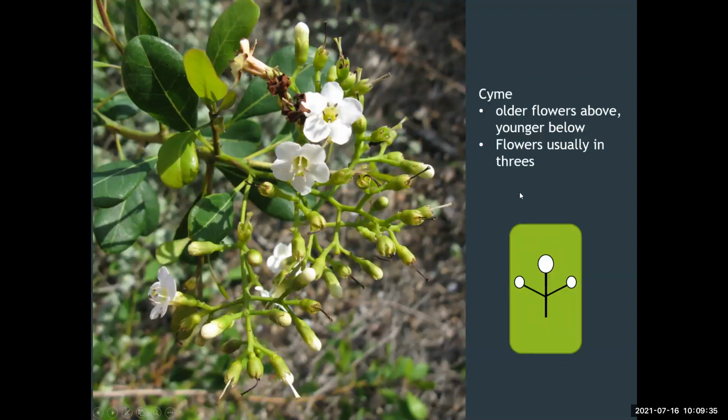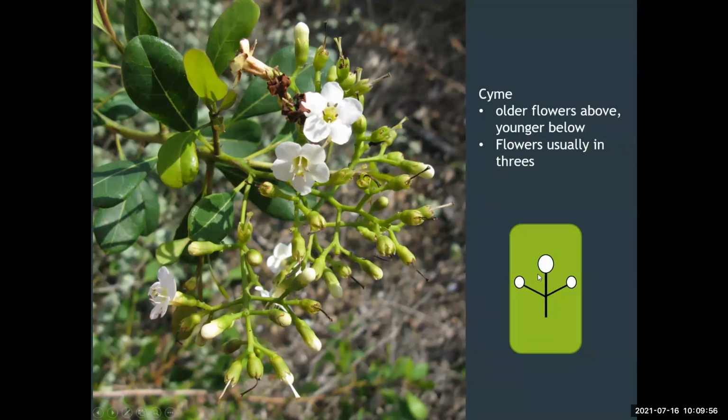But you can also have a situation called a cyme, where the branch grows, it terminates in a flower, an older flower, and then it produces two younger flowers below it. And that is a determinate type of growth, because obviously that branch can't keep on growing.